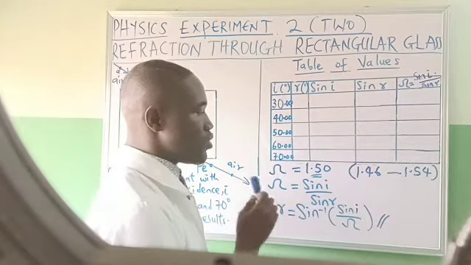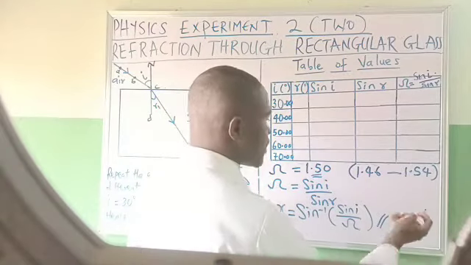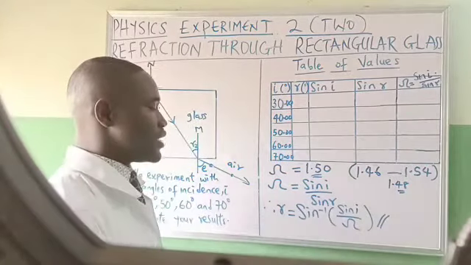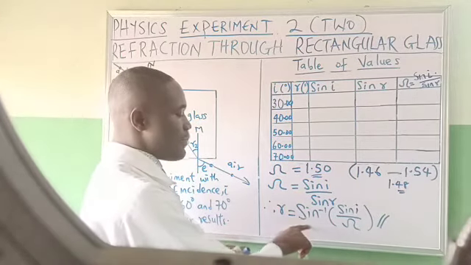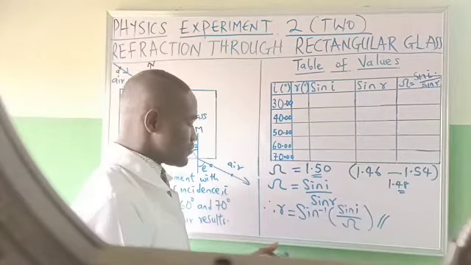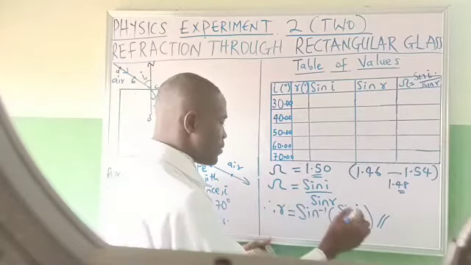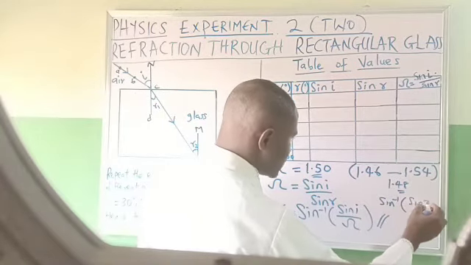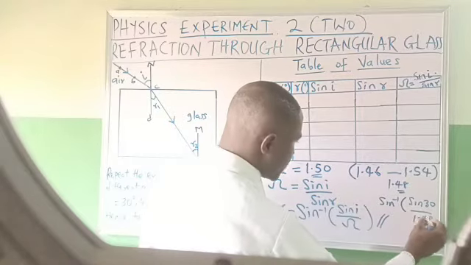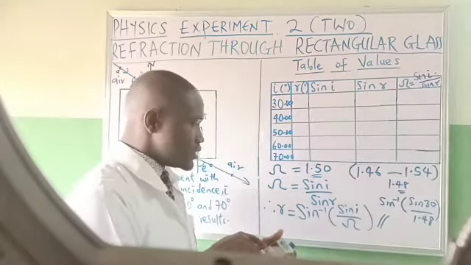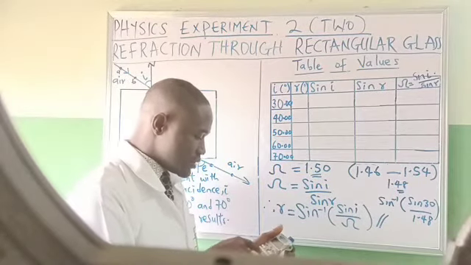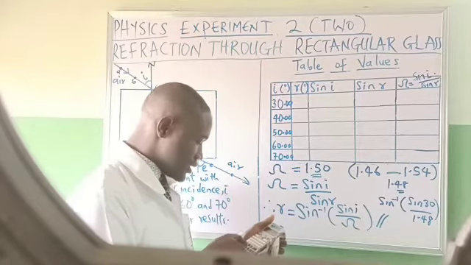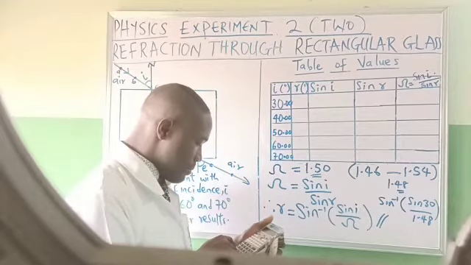You can pick any one you want, but I decided to pick 1.48. Picking 1.48, I put it here. My first value of r will be sine inverse of (sine 30 over 1.48). On the calculator, sine inverse is shift sine, then bracket sine 30 divided by 1.48.